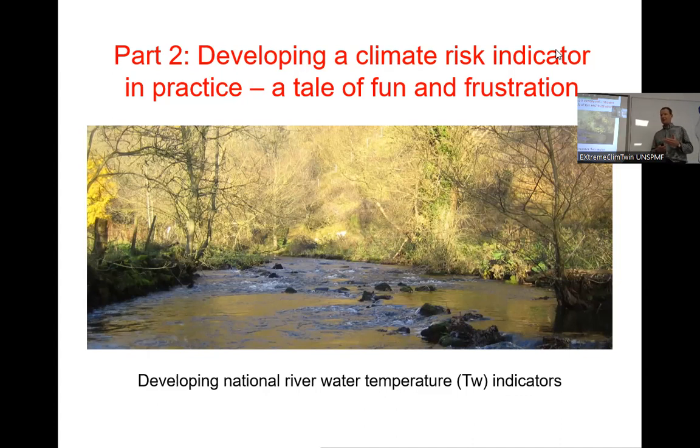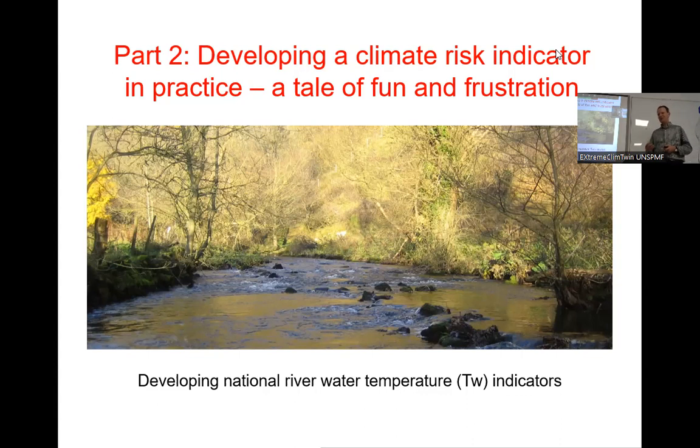Okay, so let's continue with part 2, where I'm going to walk you through what it actually takes to develop a climate risk indicator in practice. And in previous sessions through EXtremeClimTwin, I've been talking about water temperature. It's one of my pet research subjects, and I know there are others in the room who are also interested in water temperature.